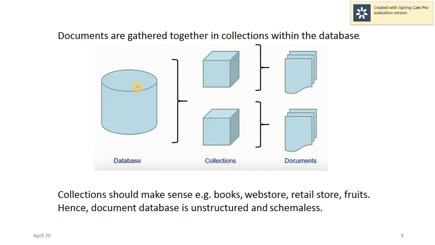If you still remember our previous slide, documents will be gathered together in a collection within the database. So if you have a few documents here and you gather them together, you are going to have a collection. And if you gather a few collections together, it will be a database.